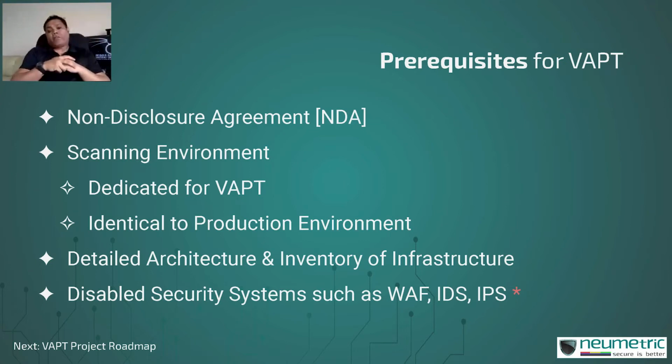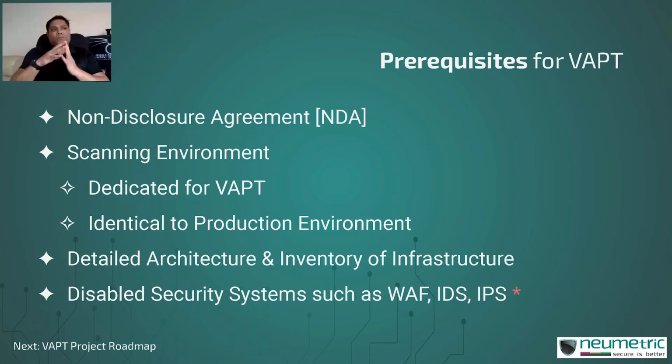The second prerequisite is that you have to have a separate dedicated scanning environment for the VAPT exercise, and it must be identical or as similar to the production environment as possible. Now, this is one thing that I have seen usually is missed out whenever VAPT activities are taken up, and there are some financial reasons, some practical reasons why it may not be possible to do it.